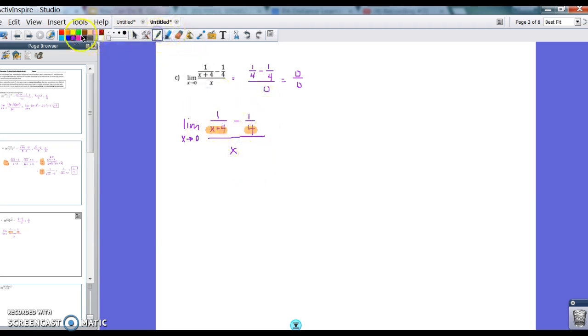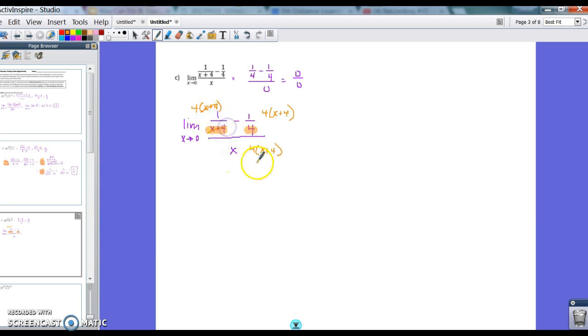Sorry, I'll multiply by 4 times x plus 4, multiply this by 4 times x plus 4, and multiply this by 4 times x plus 4. Okay, so I just found the common denominator within the complex fraction, and now I'm multiplying every term of the complex fraction by that. So what happens?